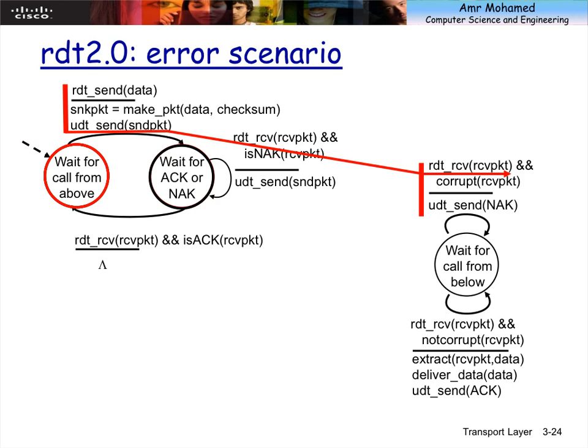So we did not address this issue. Even when we assume that the channel is unreliable now, it's unreliable in one direction, but reliable in the other direction. So we assume that nothing can be wrong with the acknowledgement and negative acknowledgement. So we'll try to complicate this even more.